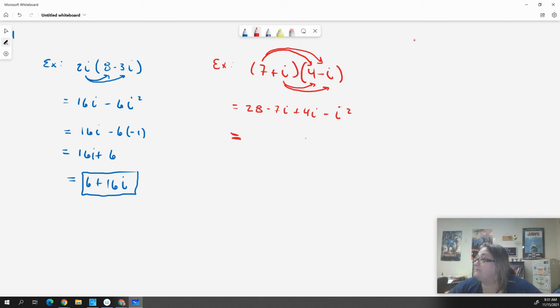What is i squared? -1, right? So technically now I have 28. Well, I've got minus 7i plus 4i, so that's minus 3i, minus negative 1. What's minus negative 1 times negative 1?